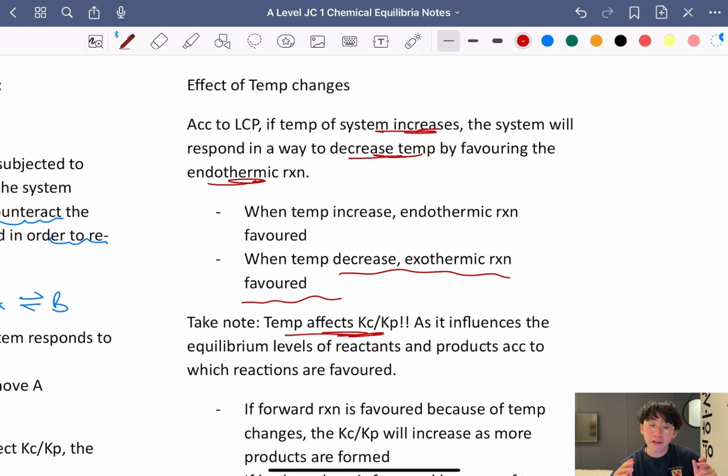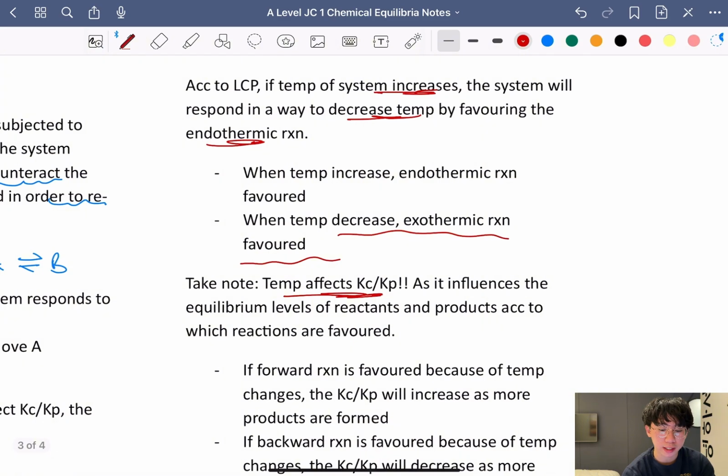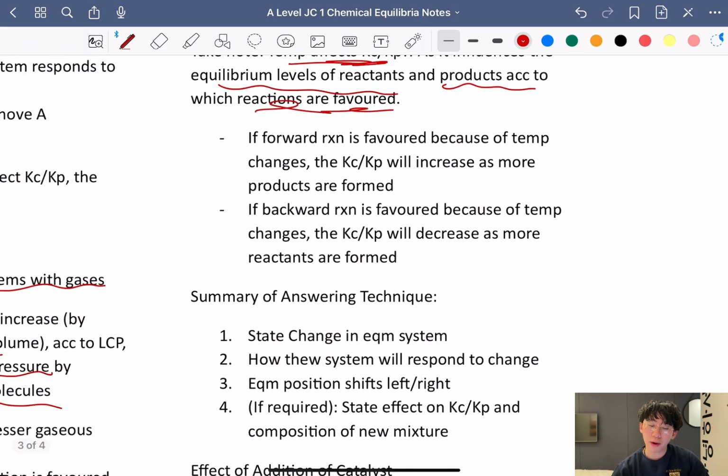This is because it influences the equilibrium levels of reactants and products according to which reactions are favored, whether it's the exothermic or endothermic reaction. So if the forward reaction is favored because of temperature changes, the Kc or Kp will increase because more products are formed. Because remember, your Kc and Kp is defined as concentration or partial pressures of products over reactants. And it'll be the exact opposite if my backward reaction is favored. The Kc or Kp will decrease.